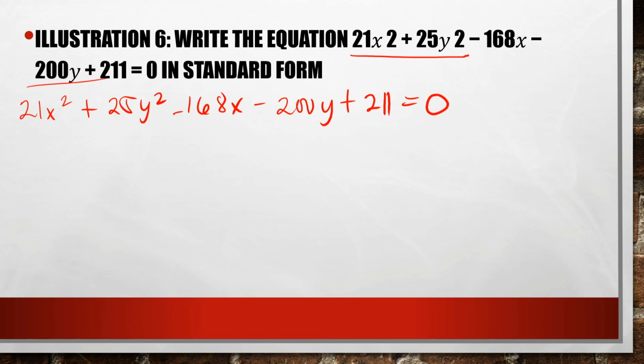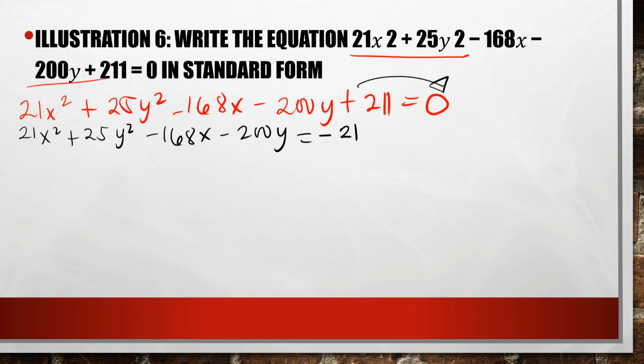Next is, ililipat lang natin yung constant to the right. 21x squared plus 25y squared minus 168x minus 200y equal to negative 211.